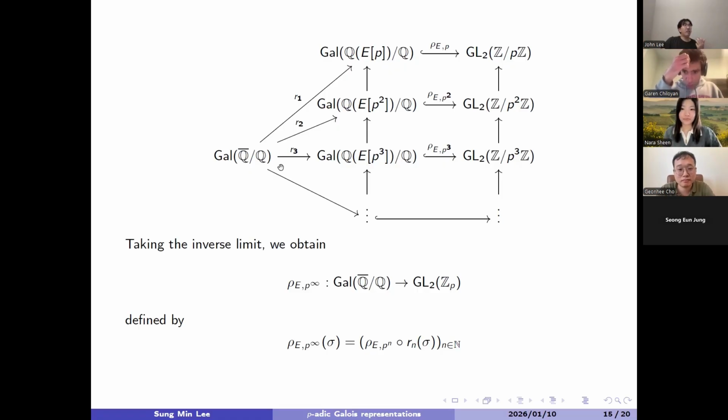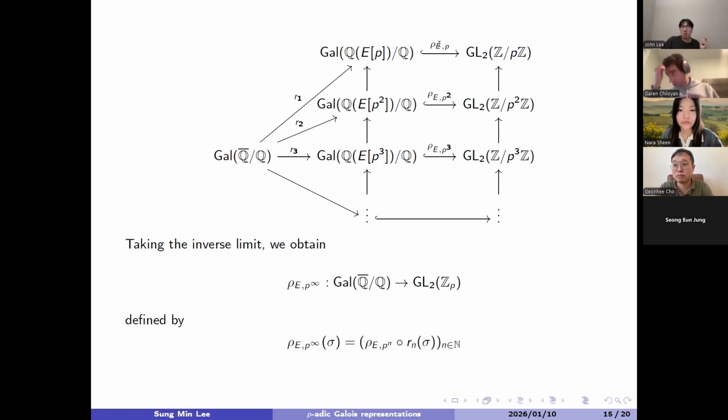Okay, so anyway, we can basically do the same game, but now instead of Q(zeta_{p^n}), with Q(E[p^n]). And now I'm just going to replace chi by rho_{E,p}.